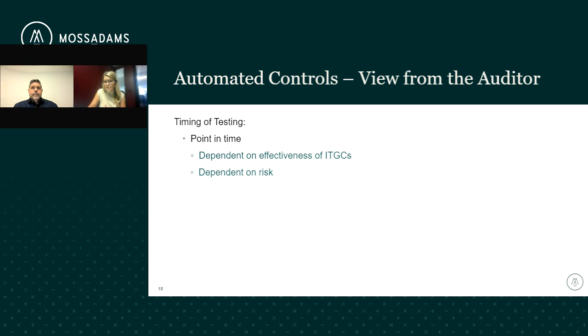Of course, for some higher risk controls, we may choose to test it again or perform additional procedures to validate that the control has not been modified. And also, in just thinking of timing, of course, these controls are dependent upon the effectiveness of ITGCs. And so we do want to have a solid basis for believing that ITGCs will be effective before we even spend time looking to go down a path to test these controls.